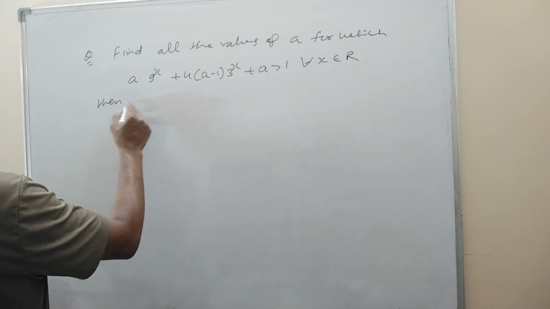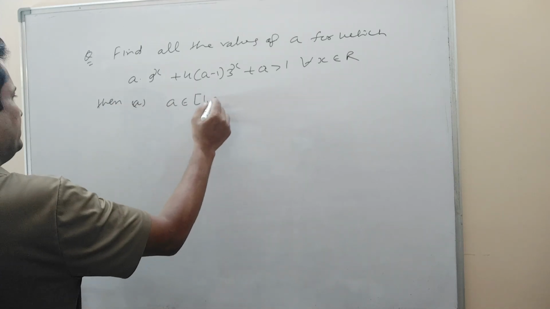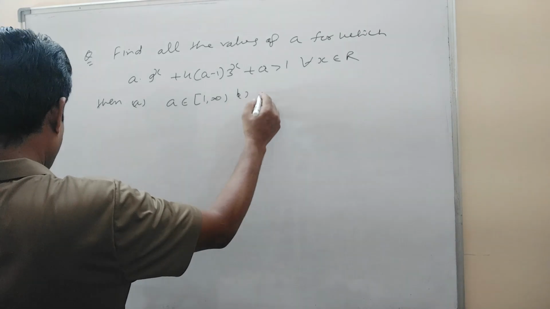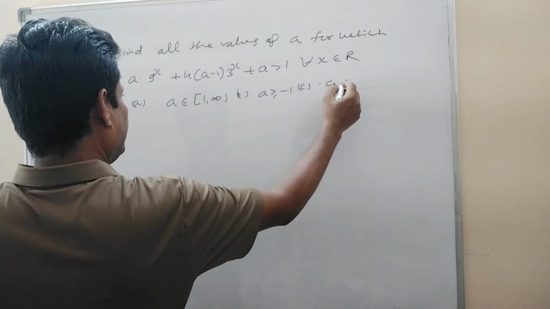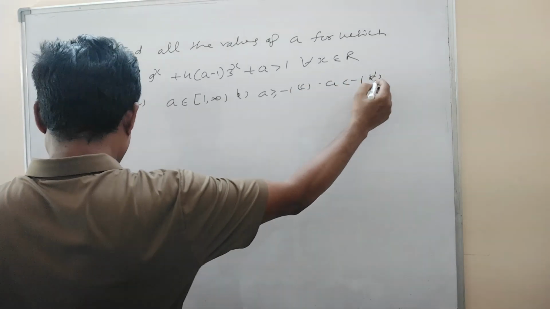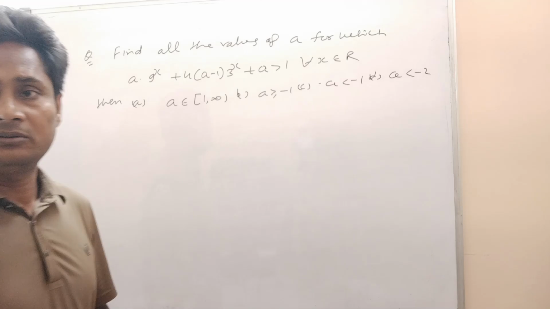Then which one is true? A: a belongs to 1 to infinity, B: a is greater than or equal to minus 1, C: a is less than minus 1, and D: a is less than minus 2. Which one is true?